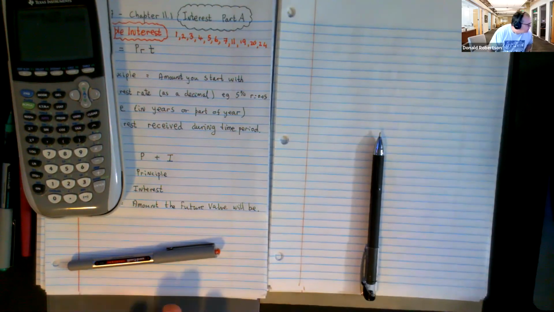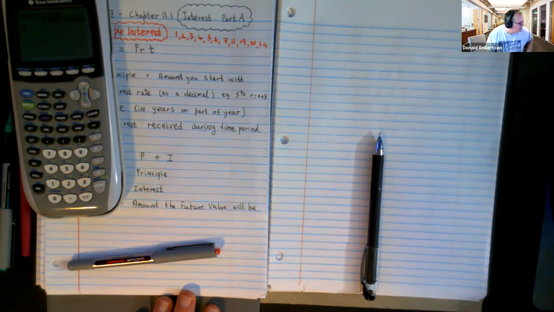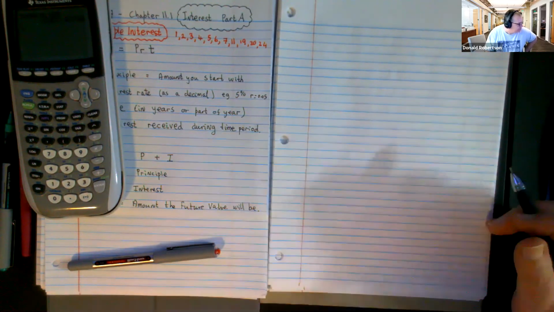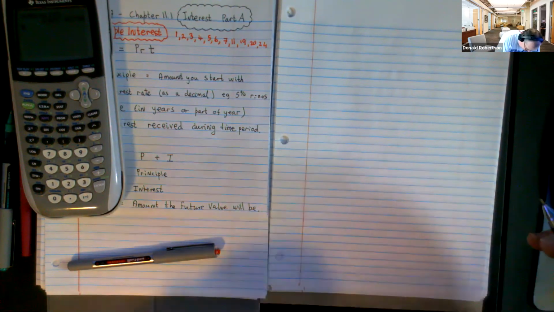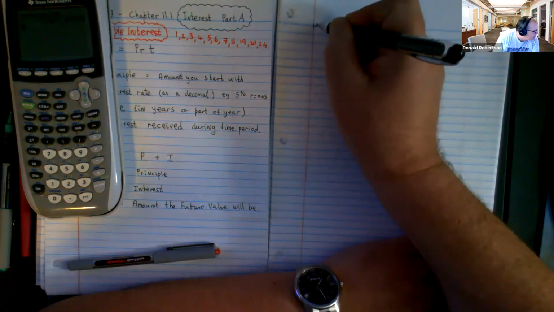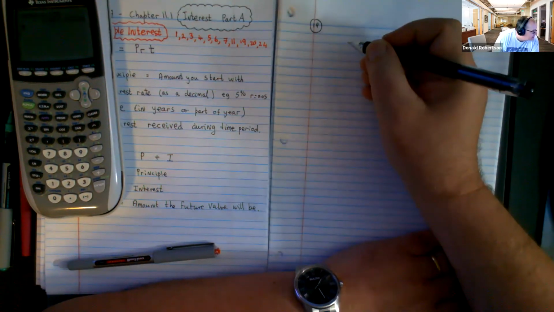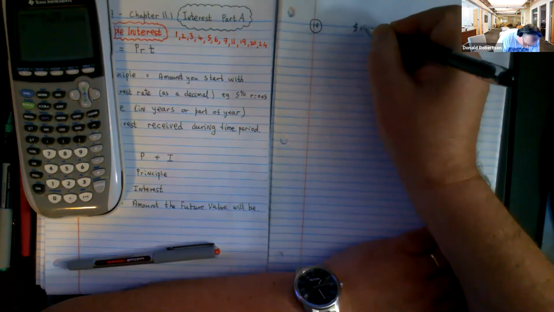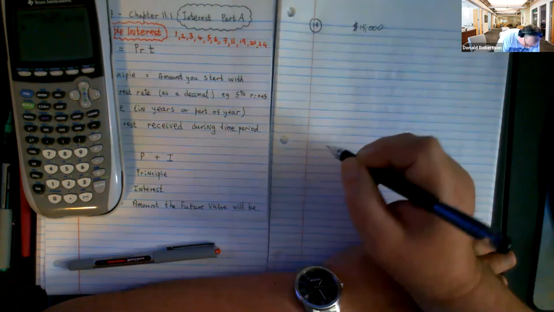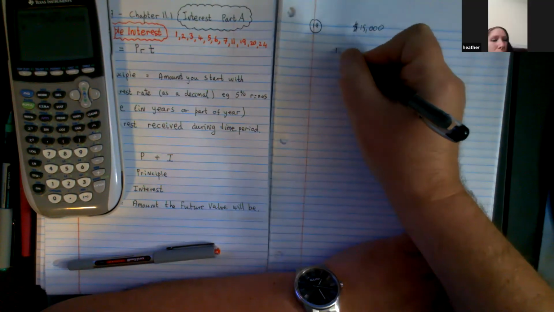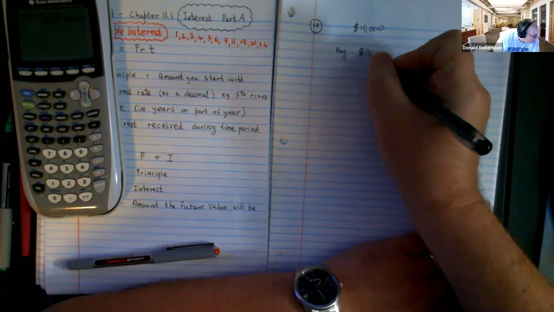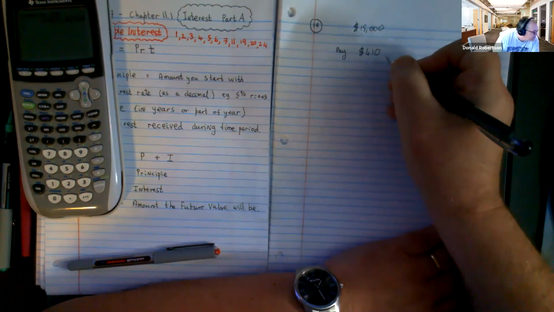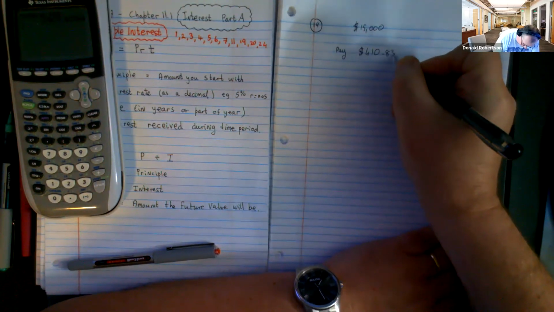Pick another one. 19. Question 19 says, suppose you see a car advertised for $15,000 and you're going to pay $410.83 a month.